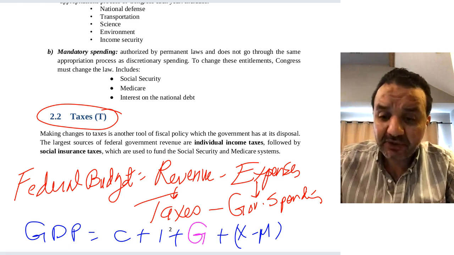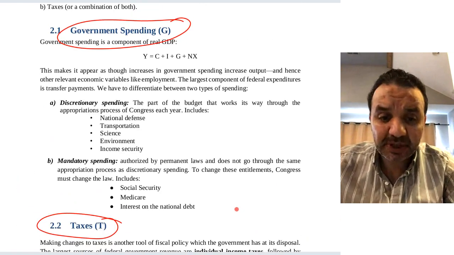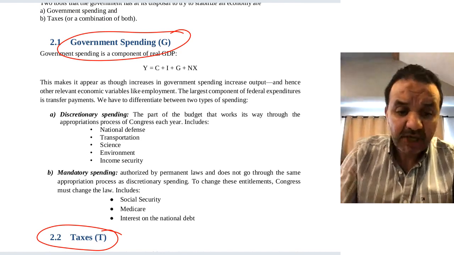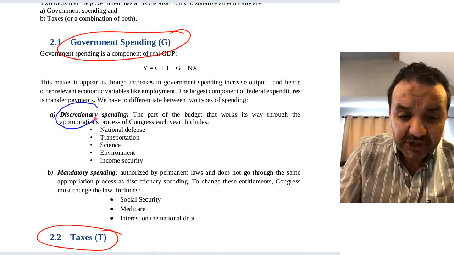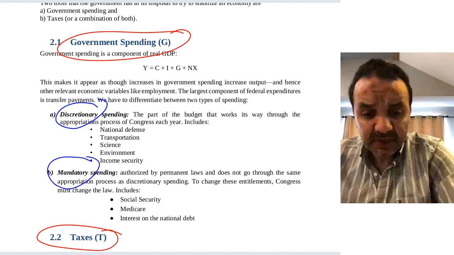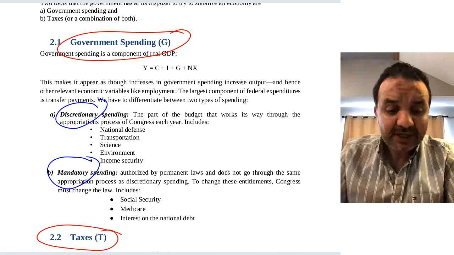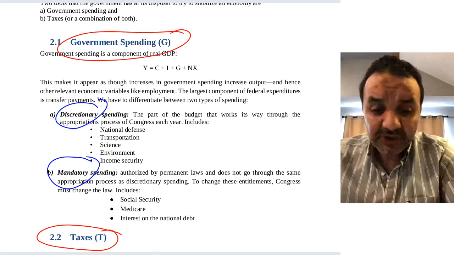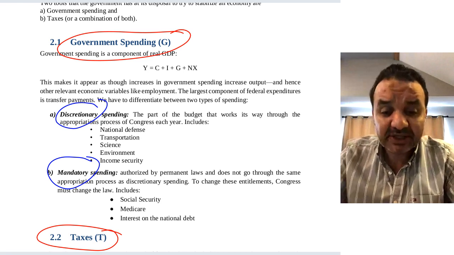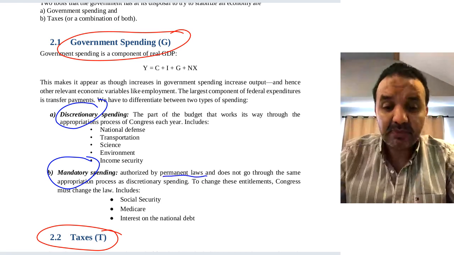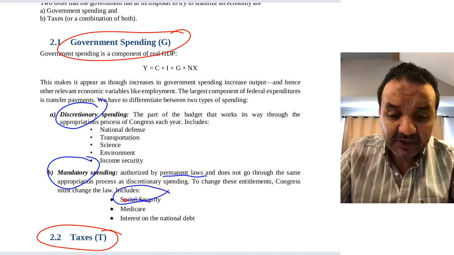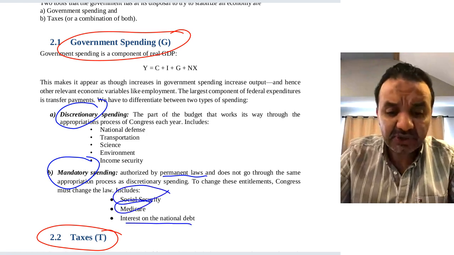Let's talk first about the government spending. Here we have two different types of government spending. The first one is called discretionary spending, and the second one is mandatory spending. Let's talk first about the mandatory spending. This type of spending is set by permanent laws, and this includes spending on social security benefits, Medicare, and interest on national debt.